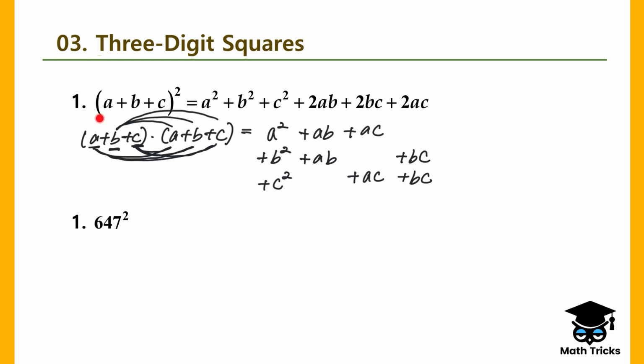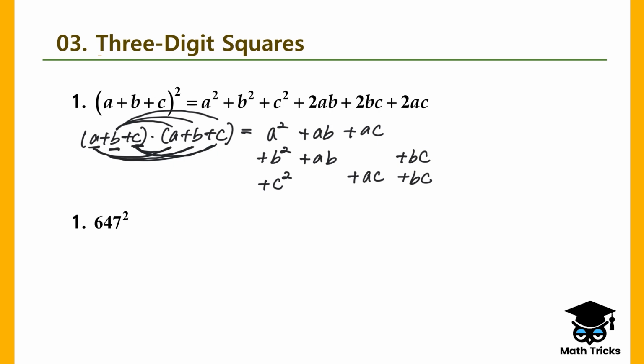So a trinomial square is always equal to a squared plus b squared plus c squared plus 2 times a times b, 2 times b times c, 2 times a times c, right? That's why we have this expression right here.